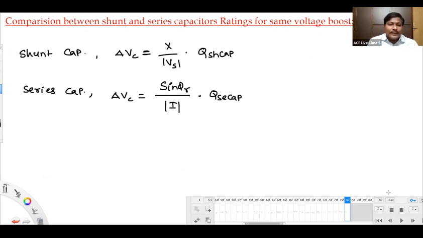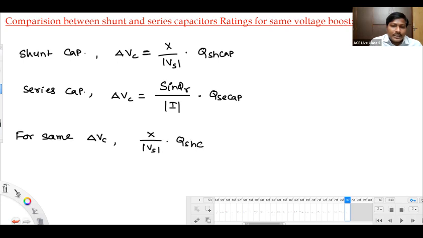Now simply you make these two equations equal, and you find out the ratio between Q shunt capacitor and Q series capacitor. That will give the answer. So for the same delta VC, the same voltage boost, X by mod Vs into the rating of the shunt capacitor bank equals sin phi r by I into Q series capacitor.